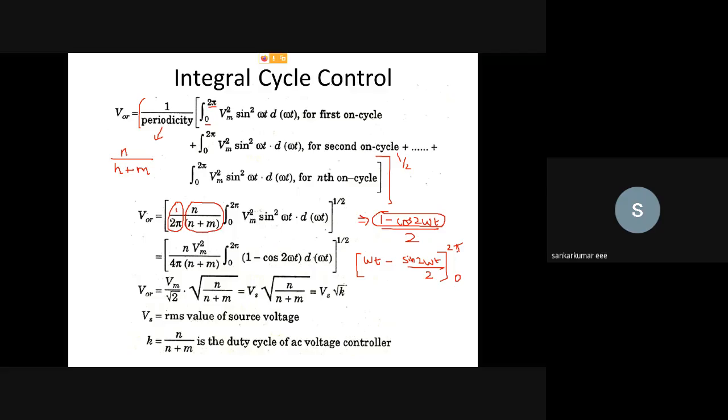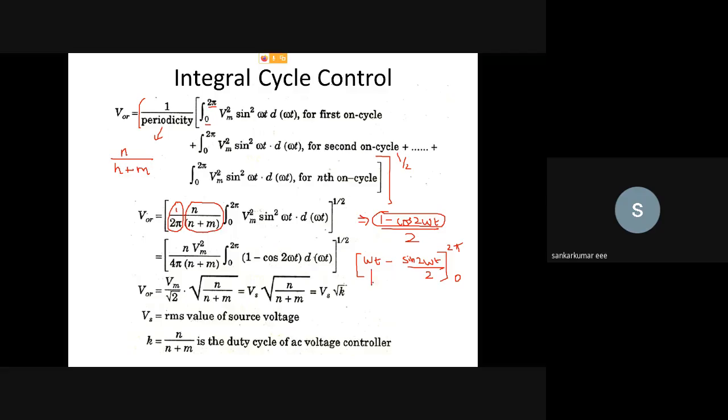So the upper limit is 2 pi and the lower limit is 0. So the sine term gets vanished. For all zeros and multiples of pi, that is sine 2 pi, 3 pi, 4 pi, all the terms will be 0. So this sine term will be vanished.